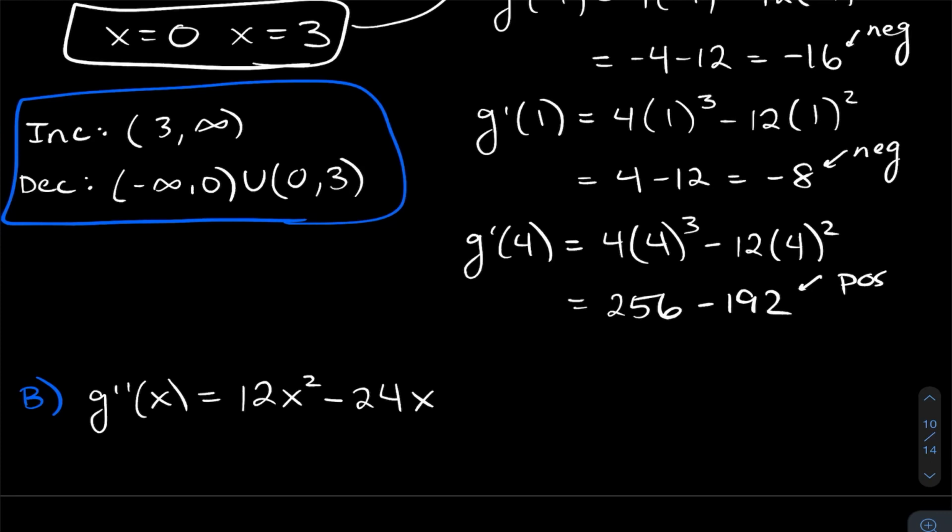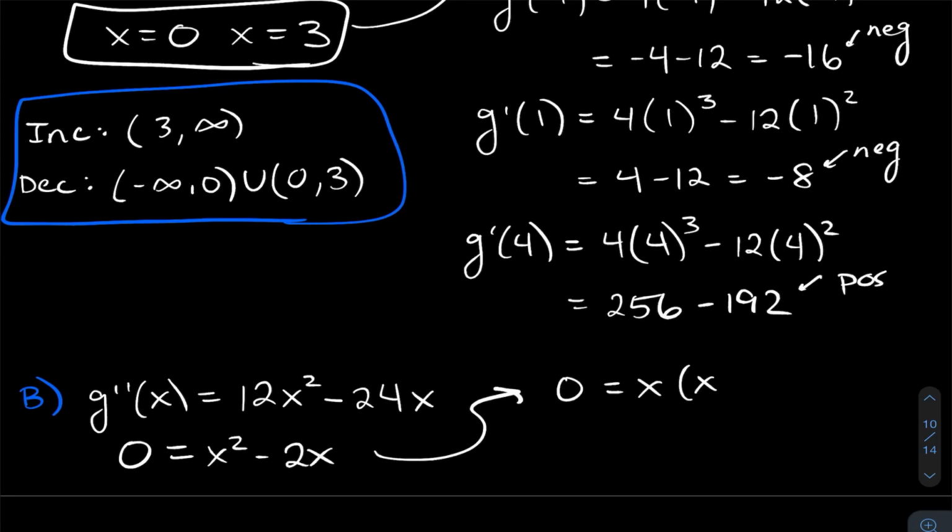Okay? So how do we do this? Well, we can set this thing equal to 0, and in doing that, we can just divide each side by 12 and get rid of the big problem here, which is we have some big numbers over here. So we get x squared minus 2x. And just finding our critical numbers here, we can get 0 is equal to x times x minus 2.